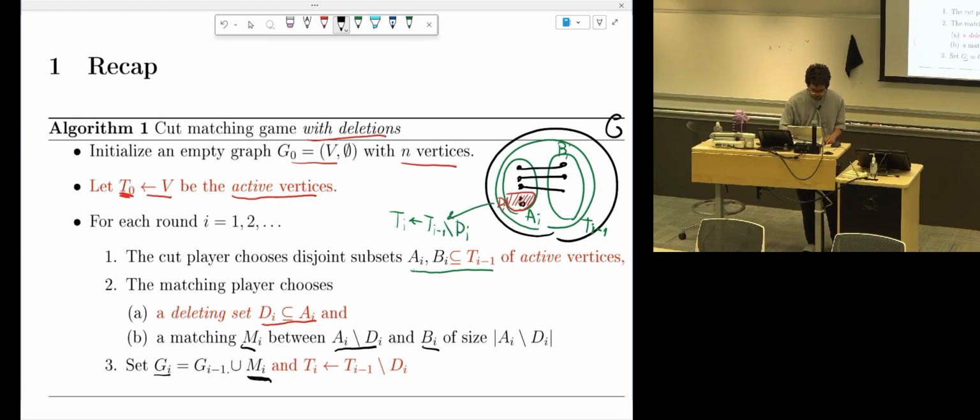Then the graph is updated by just adding the new matching to the graph. That's what we learned on Friday.